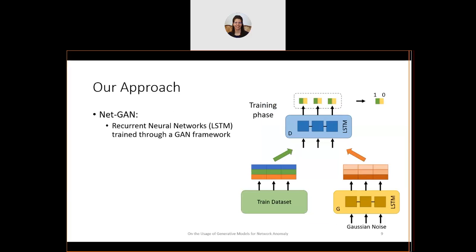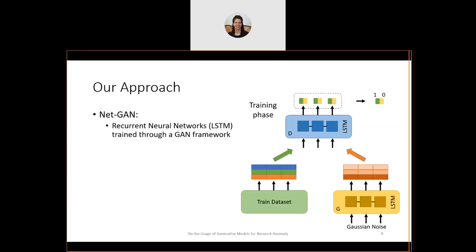Then, our main approach is NetGAN, which continues with the architecture of the generative adversarial network. You can see the generator in yellow color here, and the discriminator in blue color. But we substitute the traditional convolutional neural network and fully connected network with a recurrent neural network in the generator and in the discriminator too.